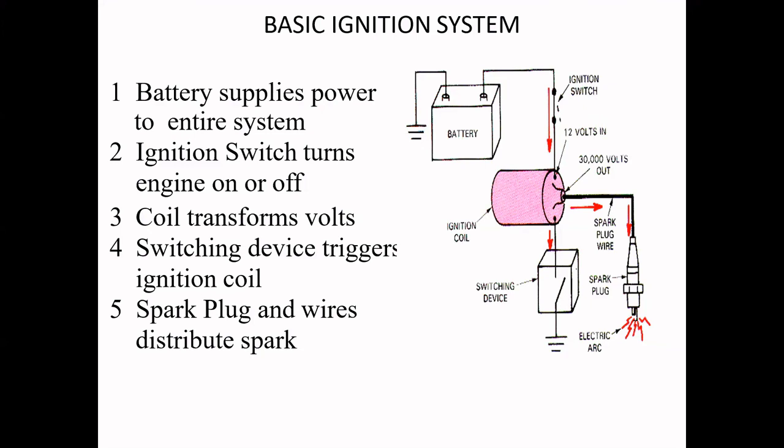Okay. And here one more thing, a capacitor will be there. It is connected to the switching device, which you cannot see here in this figure. Next, you can see the function of this capacitor. The capacitor prevents the burning of this switching device, the contact breaker points. The capacitor is used to prevent the pitting or burning of the contact breaker.